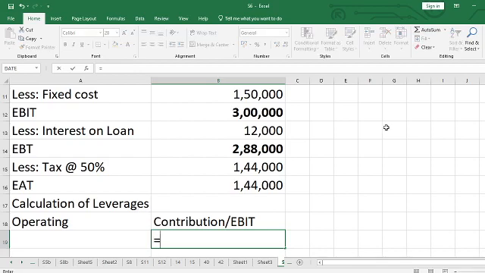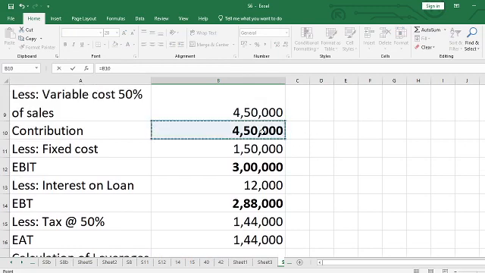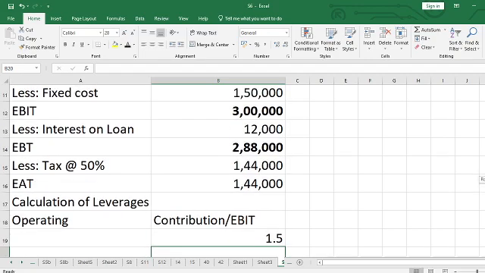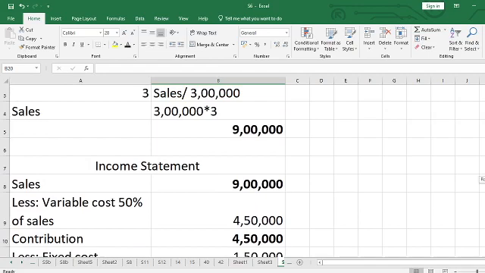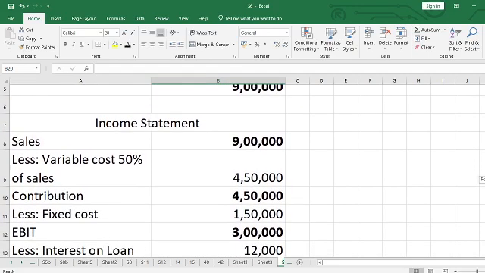So now we'll take the values here: contribution divided by EBIT. That will give the operating leverage, which is contribution upon EBIT.